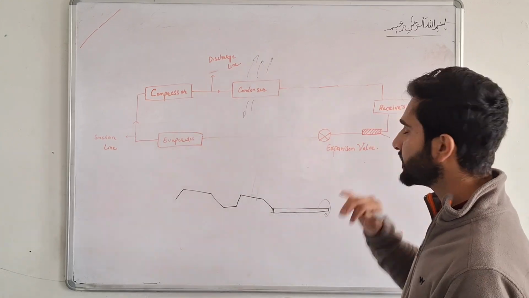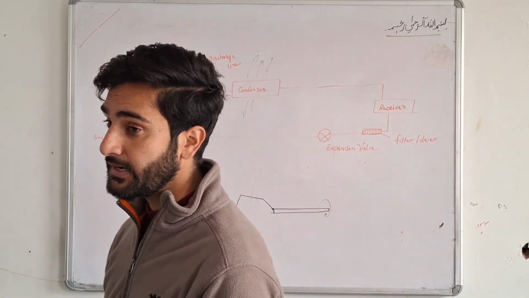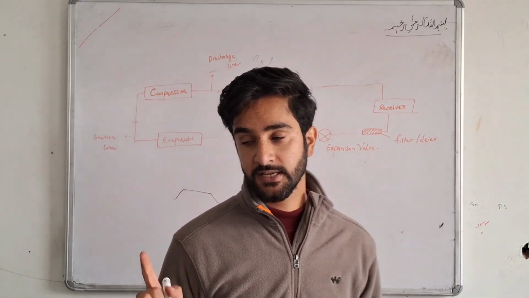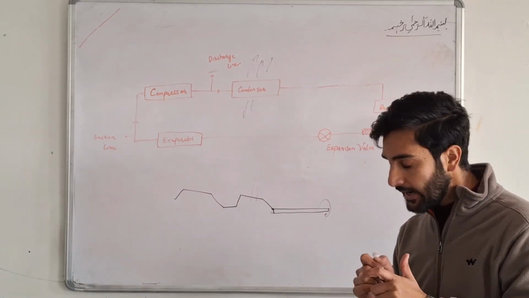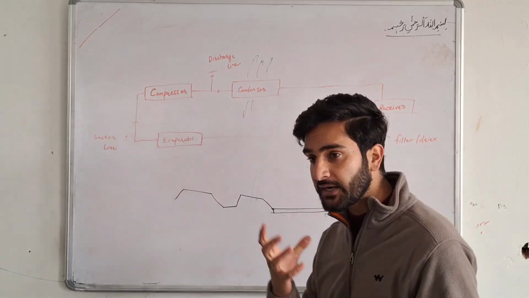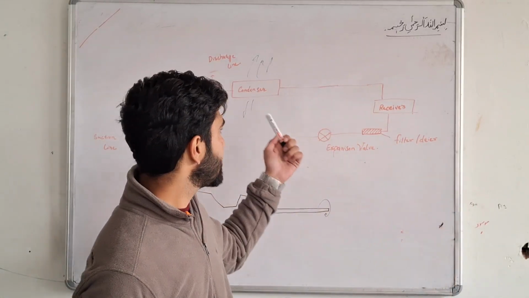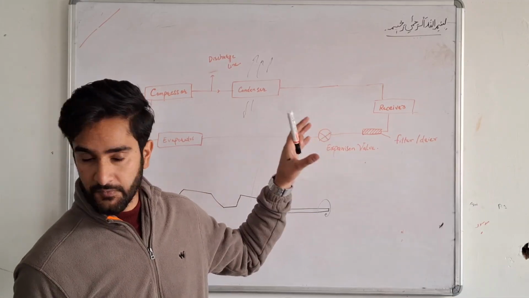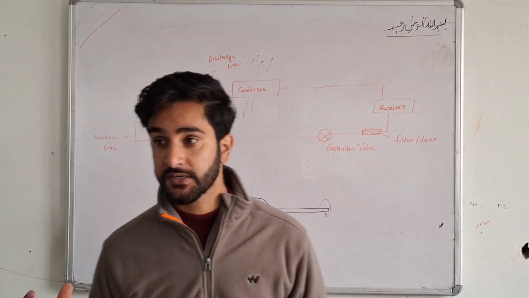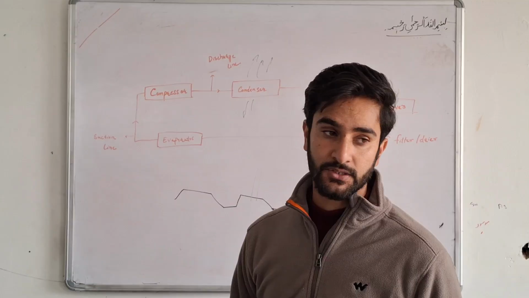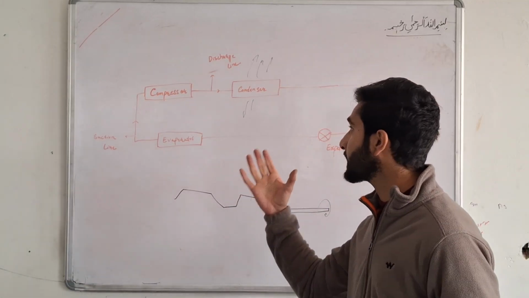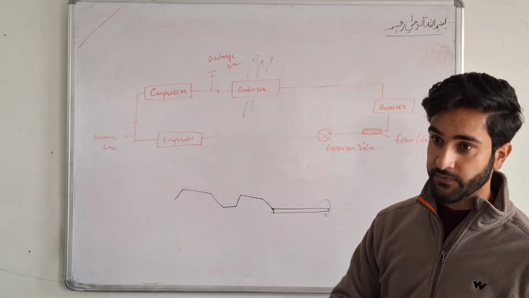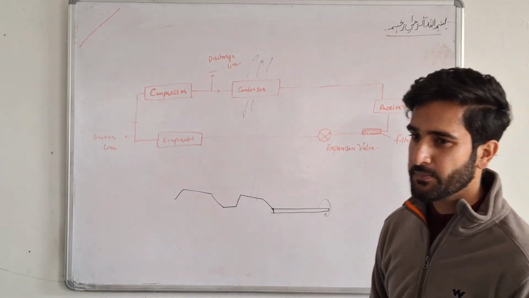Afterwards, we have another device installed, the receiver. Receivers are mainly installed inside modern refrigerators and air conditioners. What is this receiver? It accumulates the refrigerant. After the condenser condenses it, the refrigerant is converted into the liquid state. The job of the condenser is to condense the refrigerant to the liquid state; condensation itself means bringing it to the liquid state.